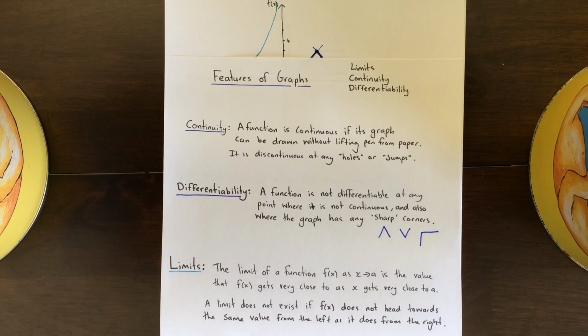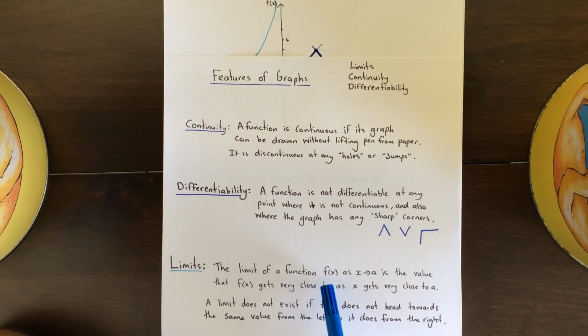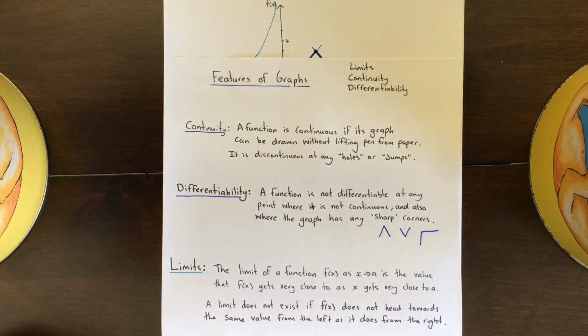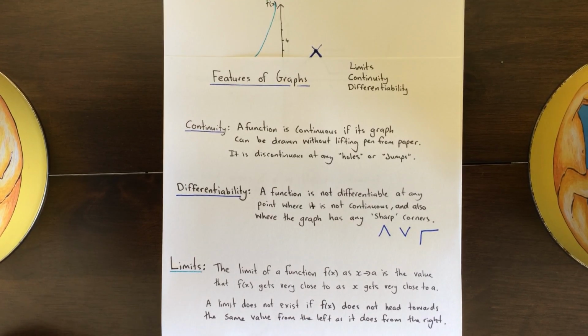So, the limit of a function f of x as x tends towards a, or goes towards a, is what that arrow means, and a is a point. So the limit of a function f of x as x goes towards a point a is the value that f of x gets very close to as x gets very close to a.